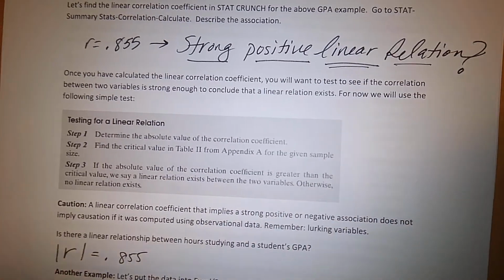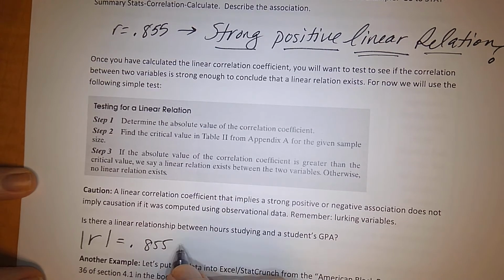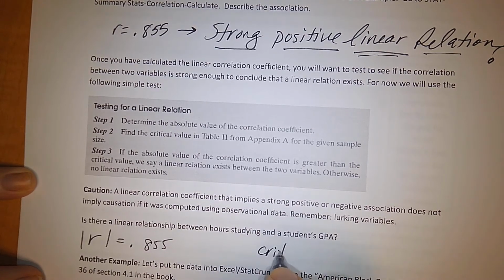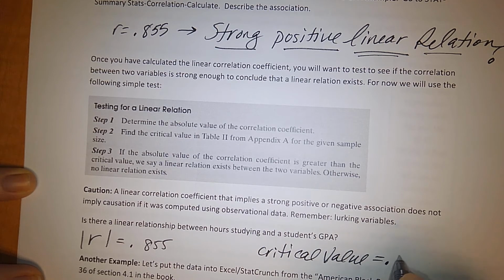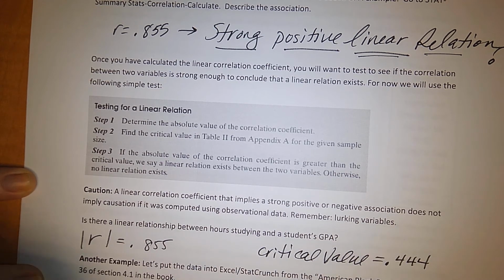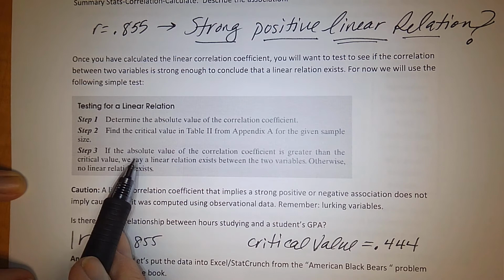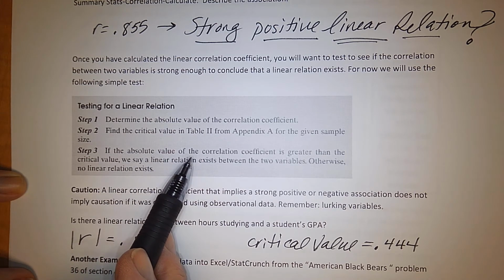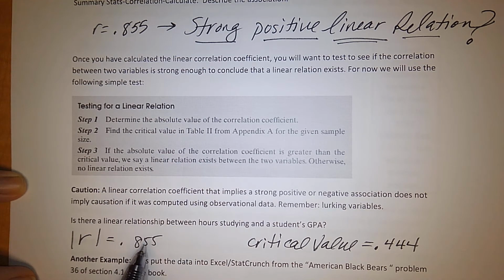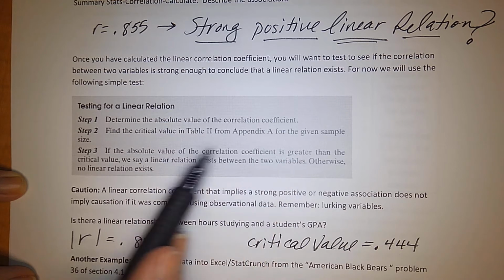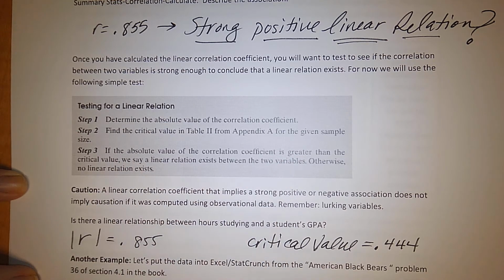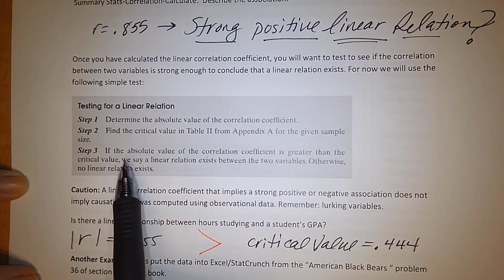Let me write that down in the lecture notes: the critical value is 0.444. The notes ask: is the absolute value of the correlation coefficient greater than the critical value? Yes, 0.855 is greater than 0.444.